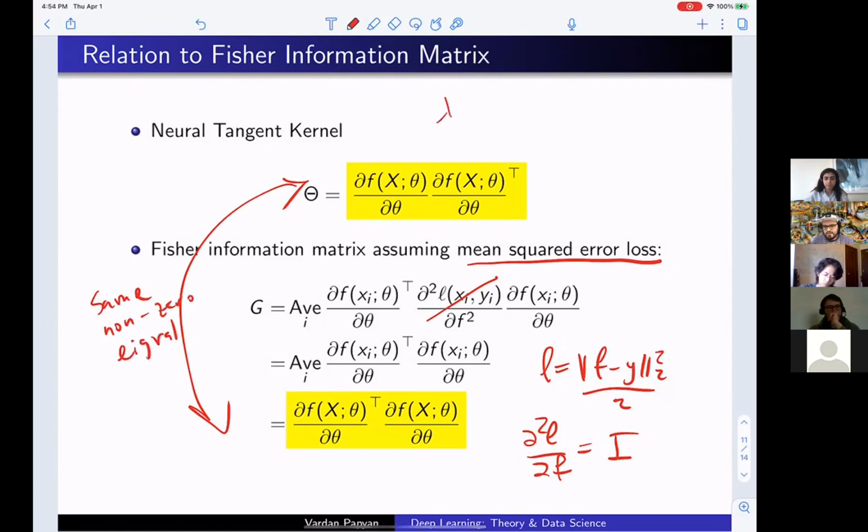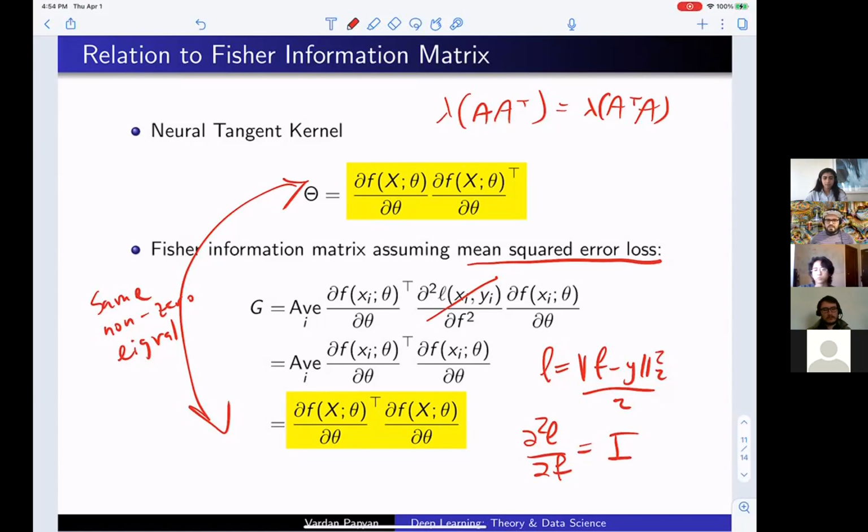Because the eigenvalues of A A transpose are equal to the eigenvalues of A transpose A if you look at all the non-zero eigenvalues. One of the matrices has a larger null space, but if you look at the non-zero eigenvalues, that's the same spectrum. Now, why is this interesting?